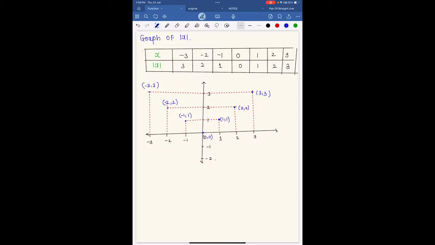By joining this point, we get the nature of graph of mod of x.